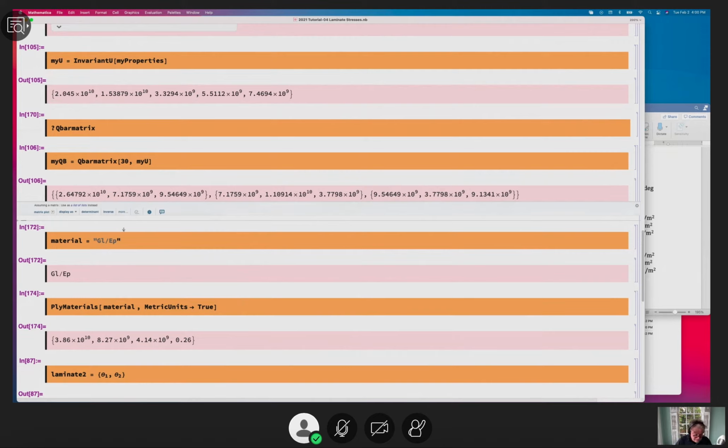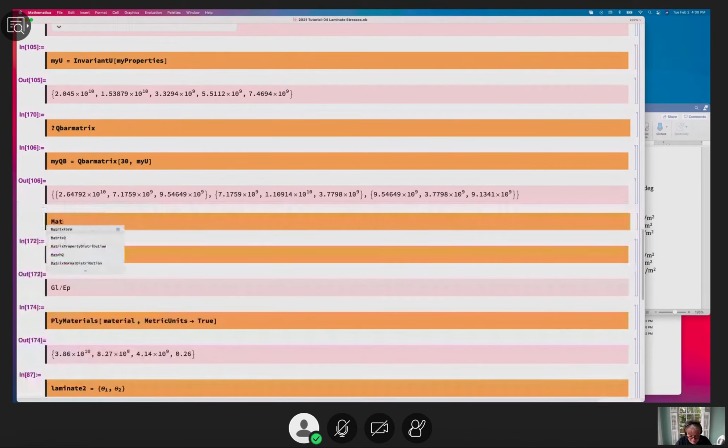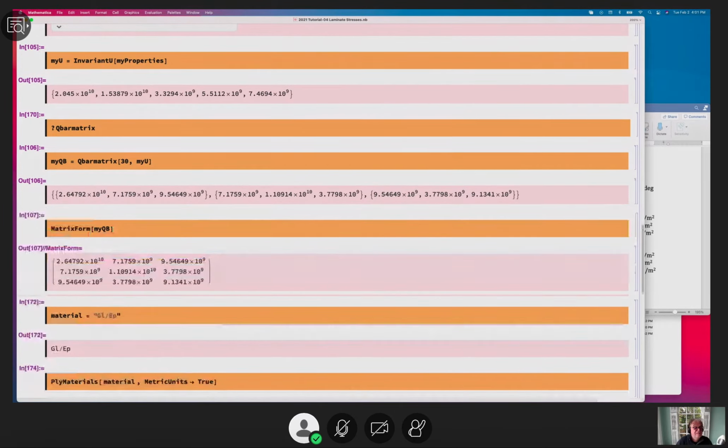Okay? If you want to see this in matrix form, you can say matrix form and put my QB. This is the matrix form.